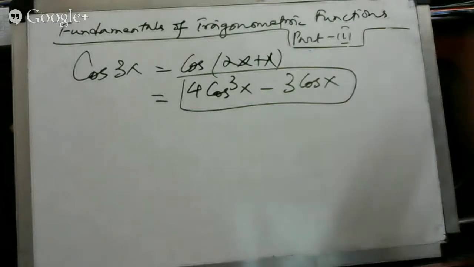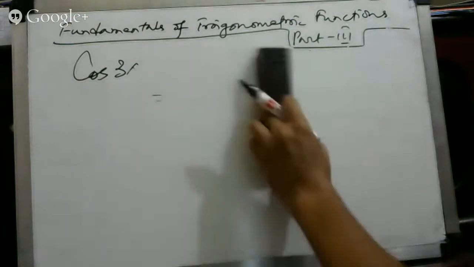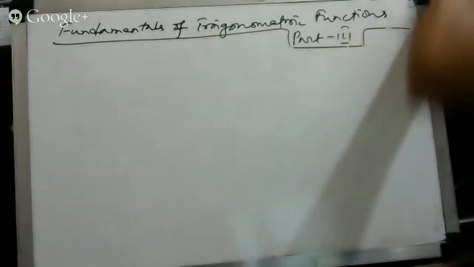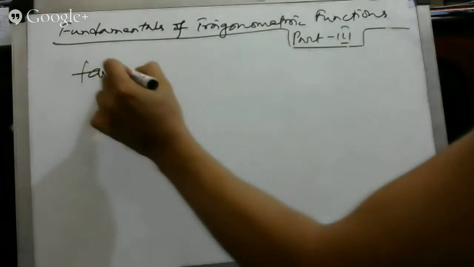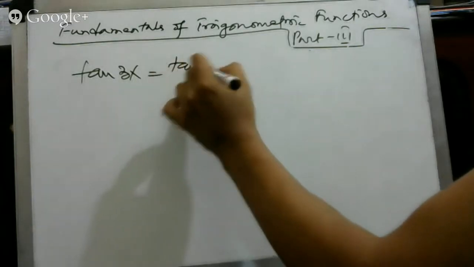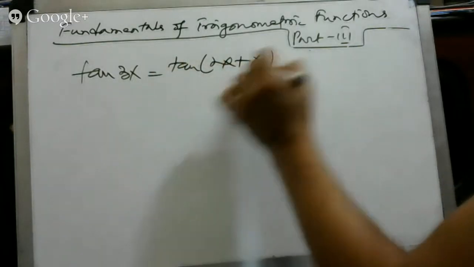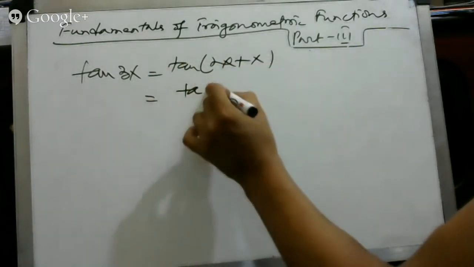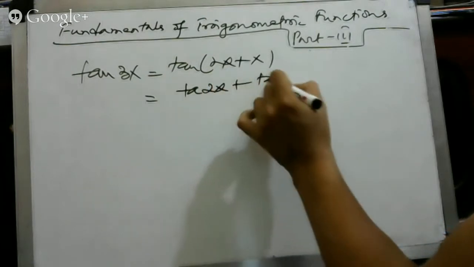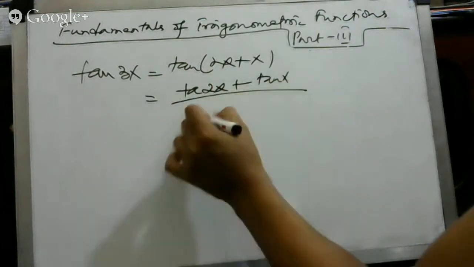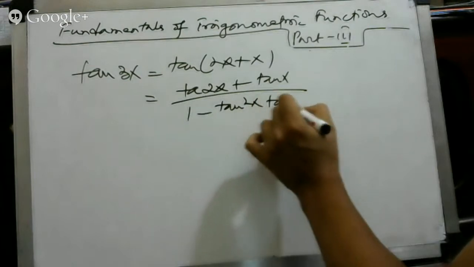And continuing further, let's derive tan of 3x, which is equal to tan of 2x plus x, which is equal to tan a plus tan b divided by 1 minus tan 2x tan x.